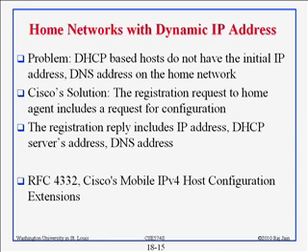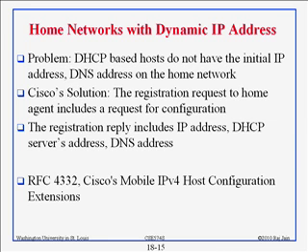Well, there is one solution, which is actually a Cisco solution. The registration request to the home agent includes a request for configuration. So it's like a DHCP request. When you send it to the home agent, you send some authentication data, saying this is who I am and this is my password and all that.